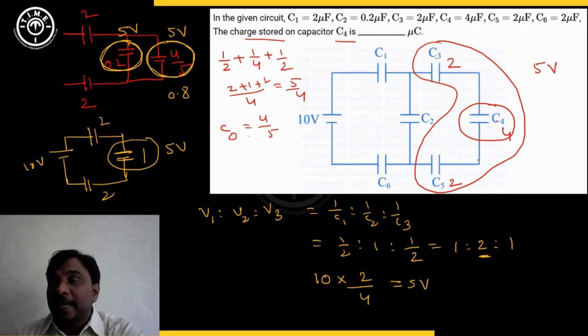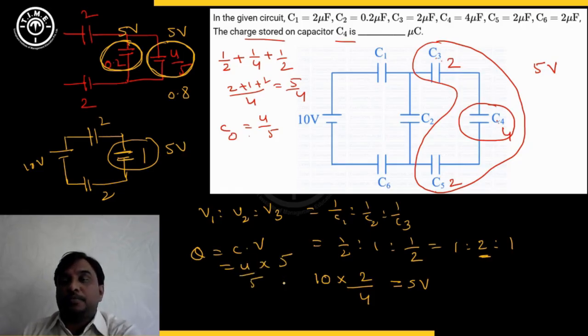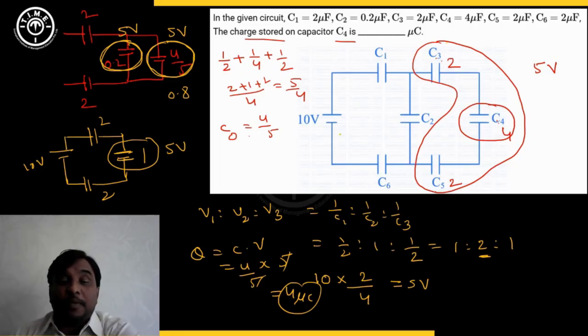All are connected in parallel. If all are connected in parallel, the charge on C3, charge on C4, charge on C5 is the same. Simply you can write Q is equal to C into V. You calculated how much you got? 4 by 5 multiplied with the potential 5, and 5 gone, nothing but 4 microcoulomb. 4 microcoulomb even across C3 also 4 microcoulomb only.